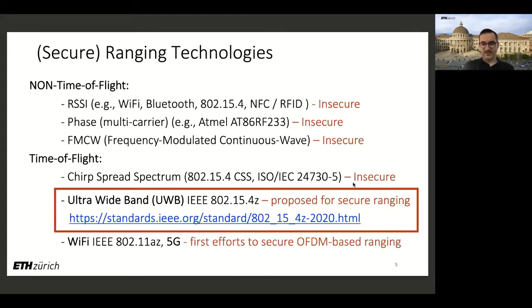So as you can see from this slide, a number of other technologies have been shown to be insecure, or at least vulnerable to a number of attacks. And ultra-wideband currently is a very good basis, and we have some modes that are actually secure against arbitrary adversaries.